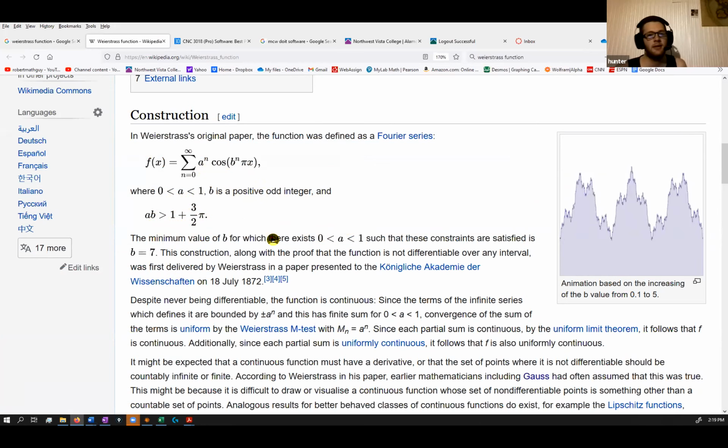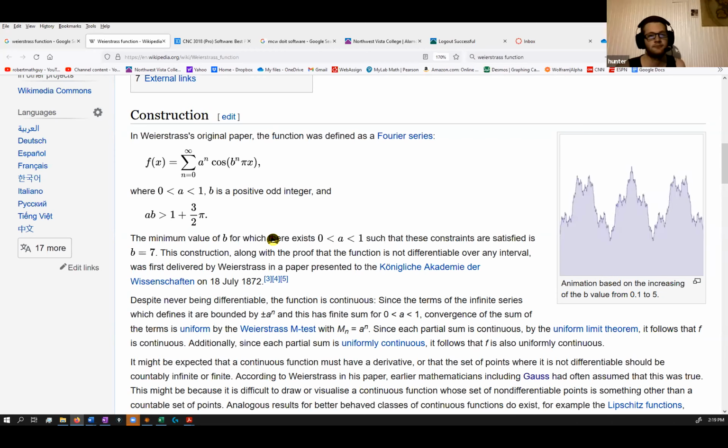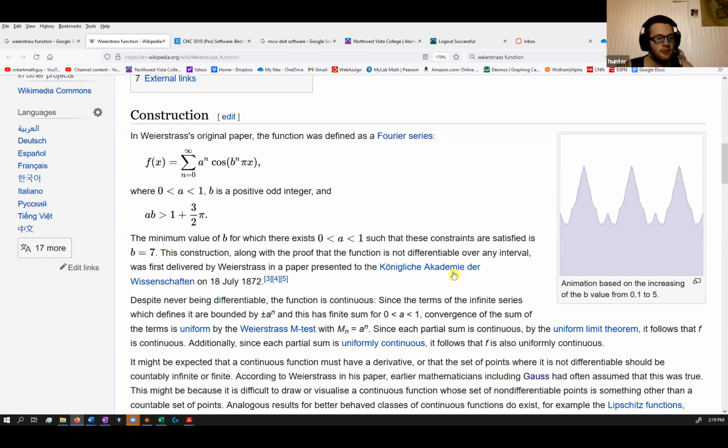So does that mean there's every feasible a and b that matches those requirements? There's an infinite number of a and b's that you could use here. Yeah, there's an infinite number of functions that would satisfy this.